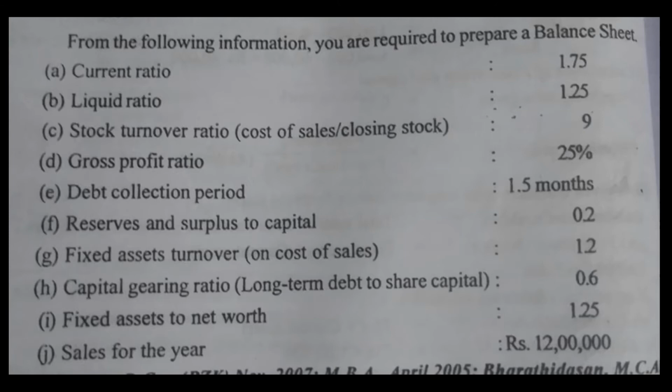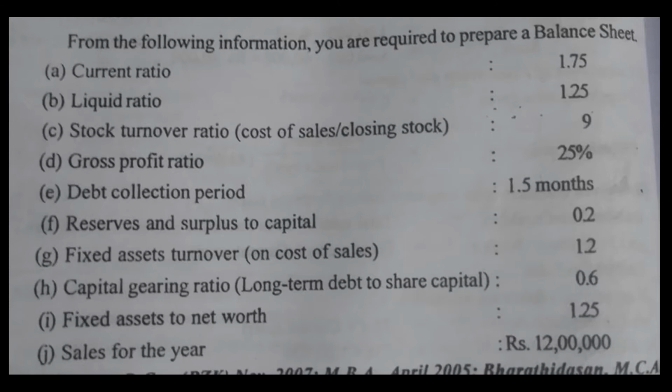We normally have a different formula for that, but we don't use that formula. When the problem directly gives you a certain formula to use, you use that formula only. Then fixed asset to net worth is 1.5. Whenever you come across 'to', it is nothing but divided by.